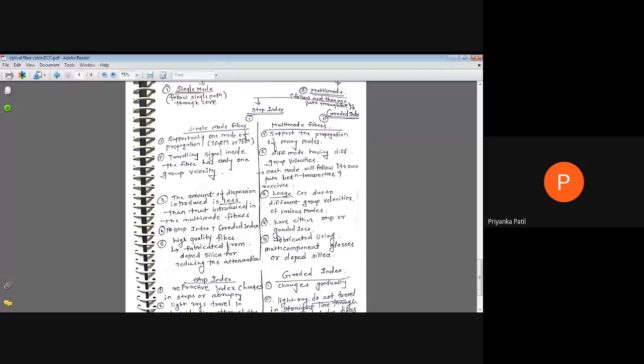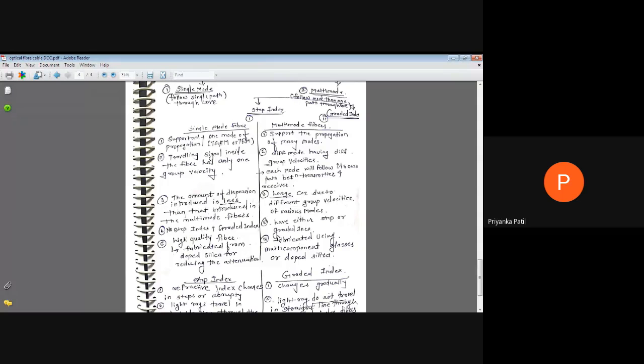In multimode communication, fibers are fabricated using multiple components which have glass or doped silica, and it has high security, meaning there is no leakage of the transmitted contents. In single mode there are no subtypes, meaning there is no step index or graded index, but in multimode communication fiber, step index and graded index are available.